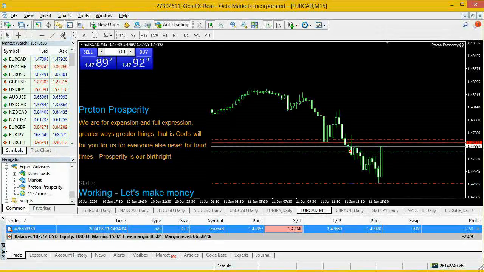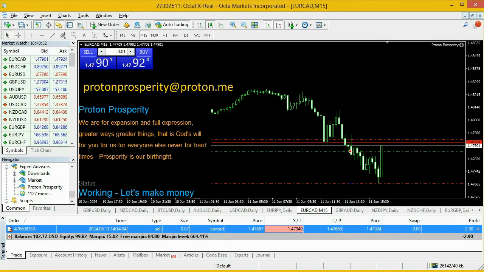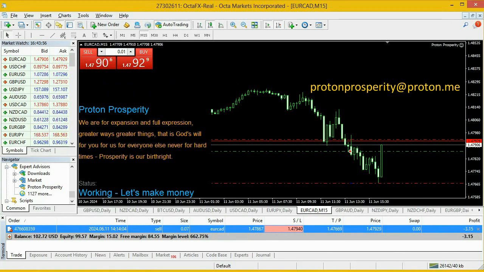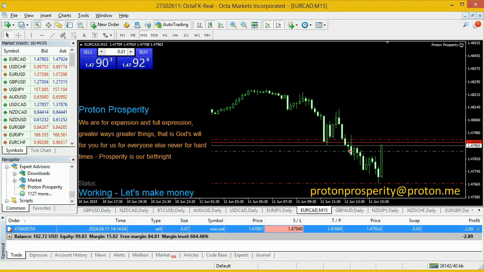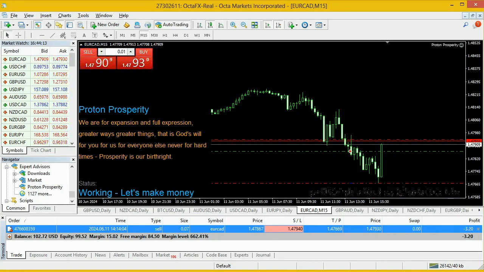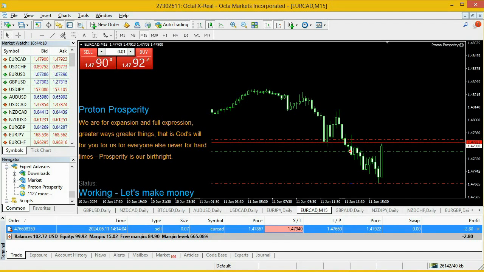But then price quickly retraces back upwards and almost triggers our stop loss. Price then moves back downwards towards our take profit.